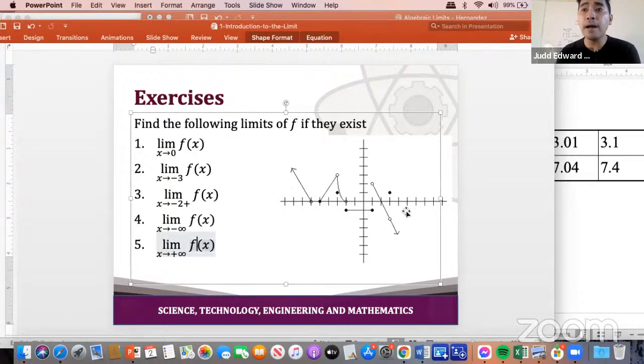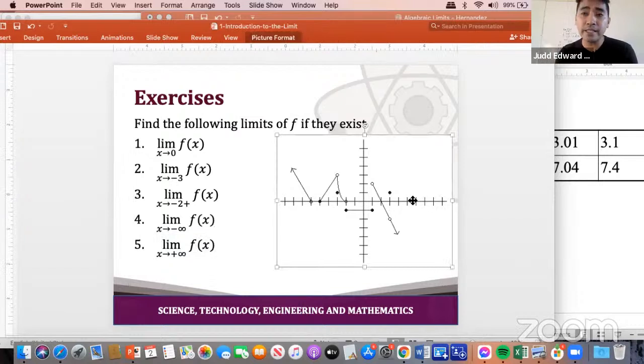Pababa po. Therefore, is there an exact value for that arrow? Wala po. Growing negatively downward. Okay? Therefore, if it is growing negatively downward, what will be the answer? Negative infinity po. Therefore, it is negative infinity.